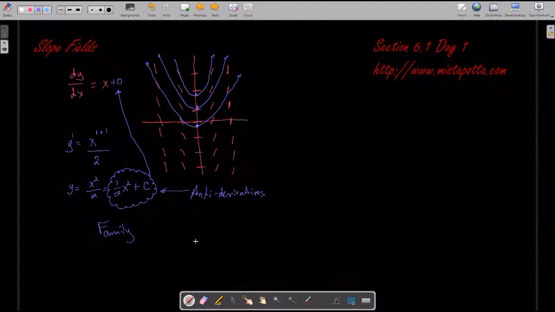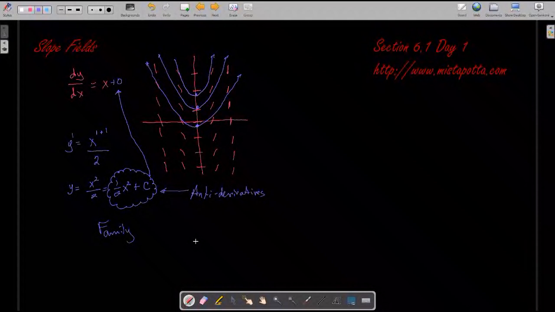And so this really is going to be the focus of chapter 6, finding solutions to these differential equations and finding these functions that are antiderivatives of given functions.